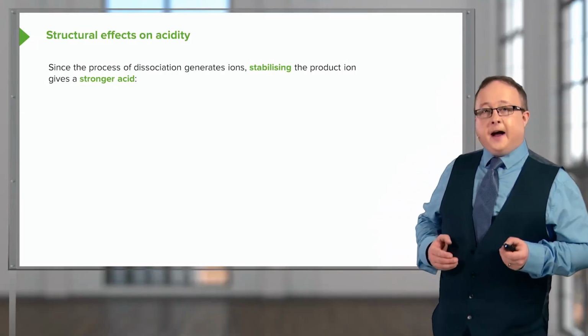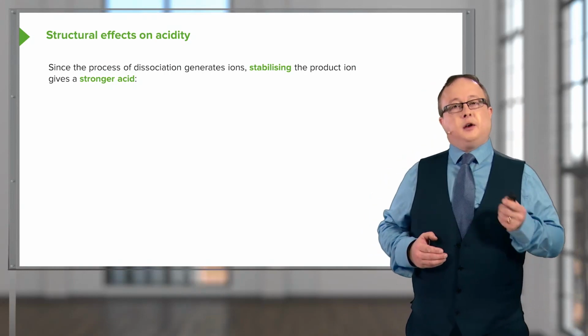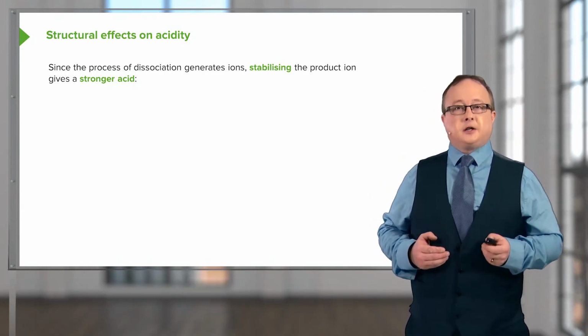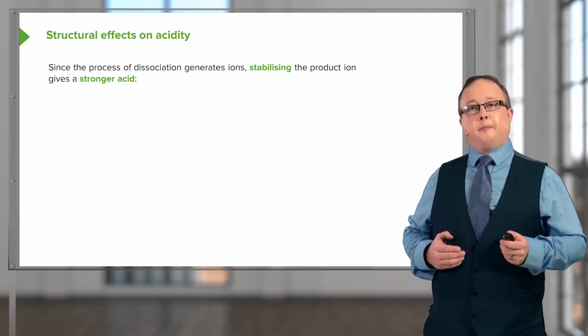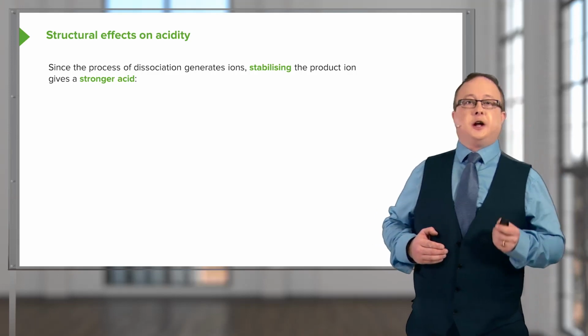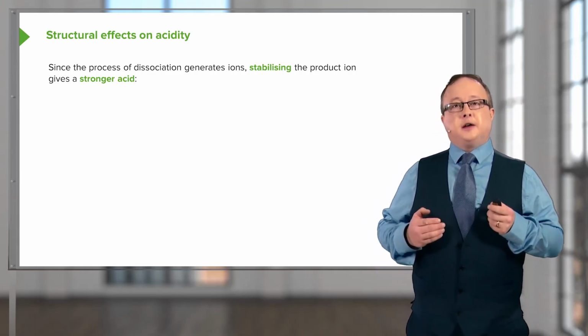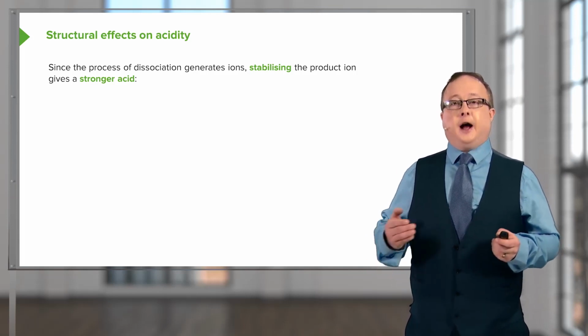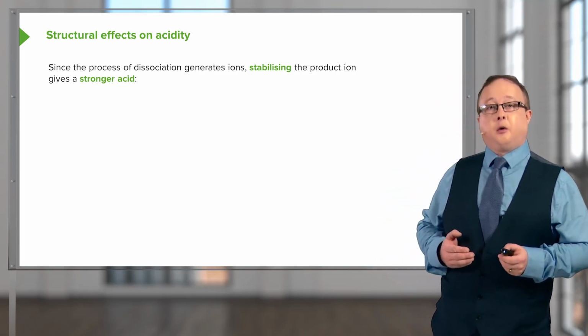The structural effects on acidity is something that relates to the concepts of electronegativity and also inductive effects, which we covered back in Module 1. Since the process of dissociation generates ions, there is an advantage to stabilising the product ion to give a stronger acid, if indeed that is what you require.